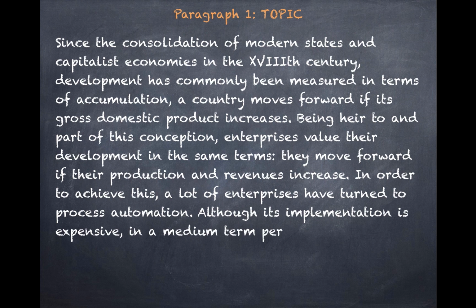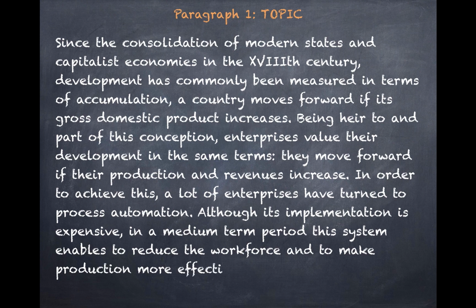They move forward if their production and revenues increase. In order to achieve this, a lot of enterprises have turned to process automation. Although its implementation is expensive, in a medium-term period, this system enables them to reduce the workforce and to make production more effective.